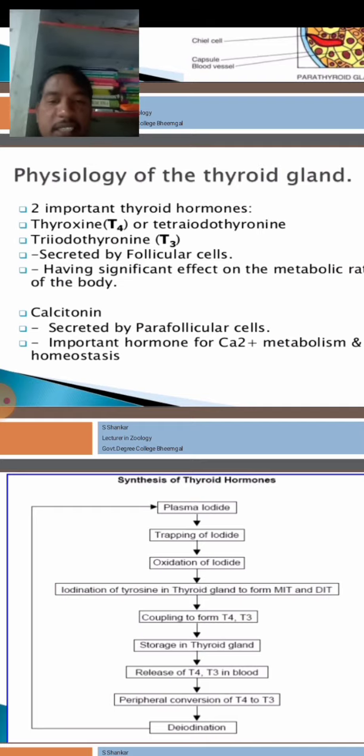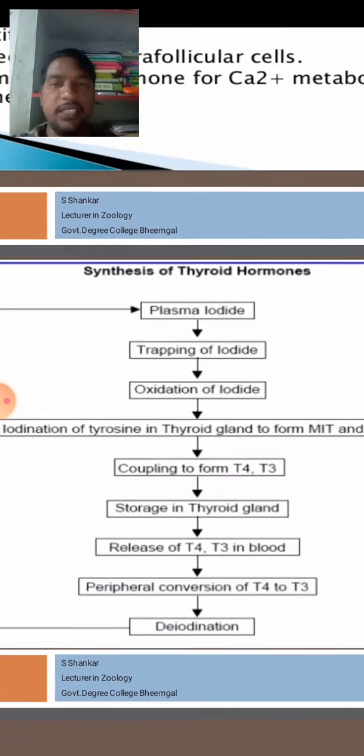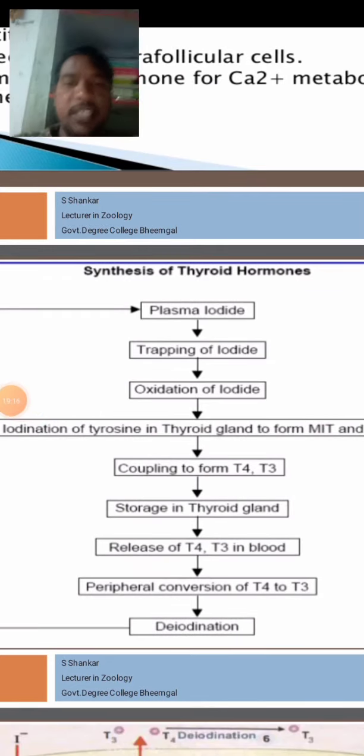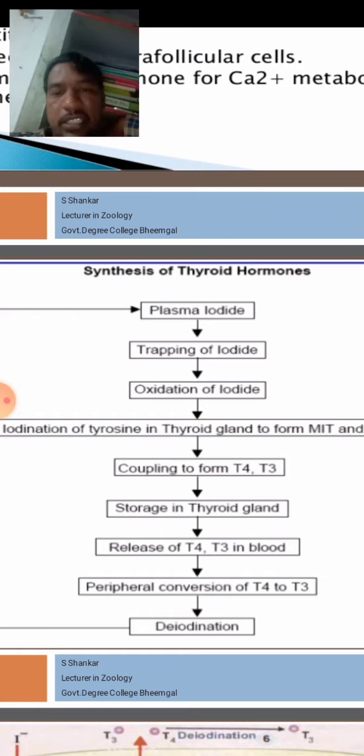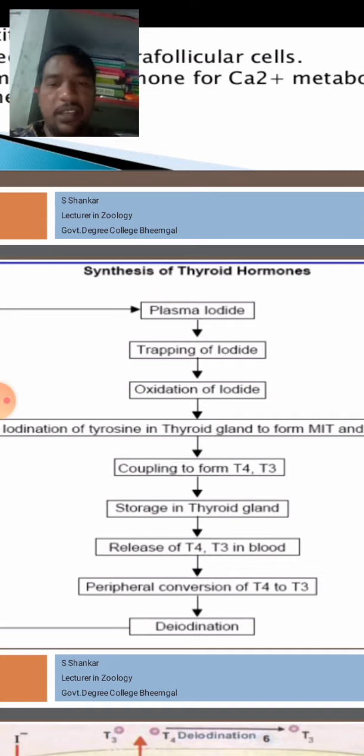Next is synthesis of thyroid hormones. First is plasma iodide. Next is trapping of iodide. Next is oxidation of iodide.